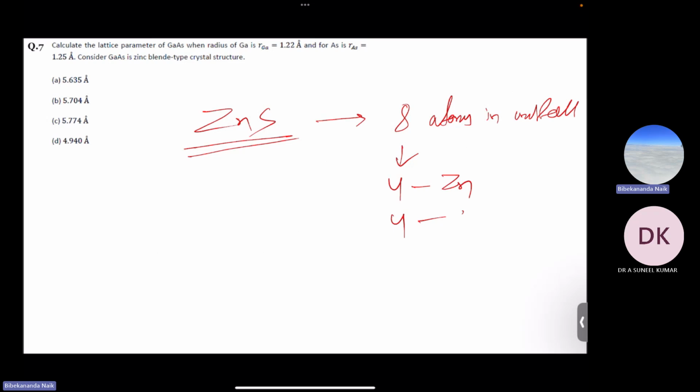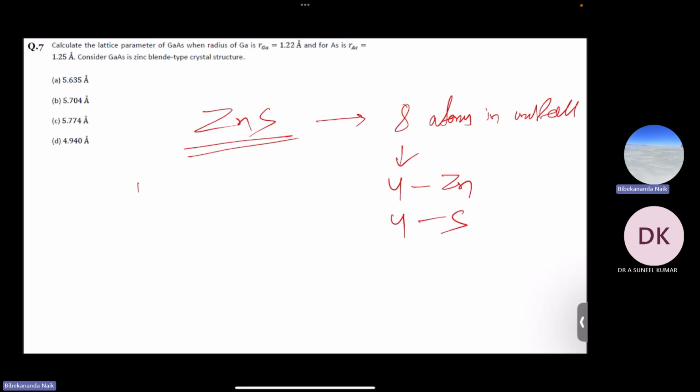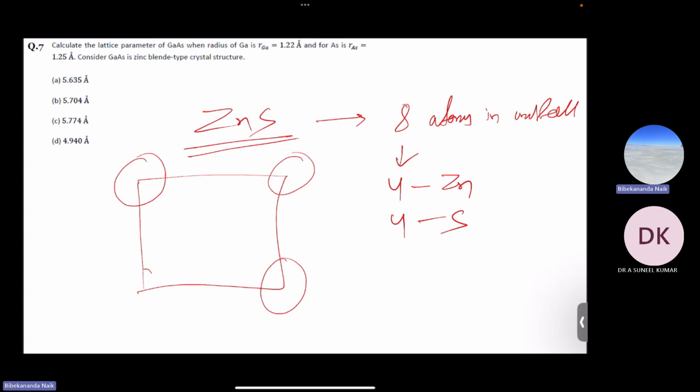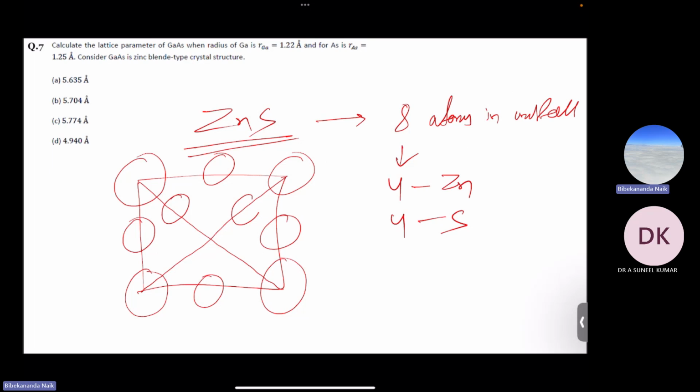So if you see this, let me draw it again. This is the structure that we discussed now. One is present here, one is here, one is here, one is here. Then at the corners, also here, here, here, here, and another is present here.